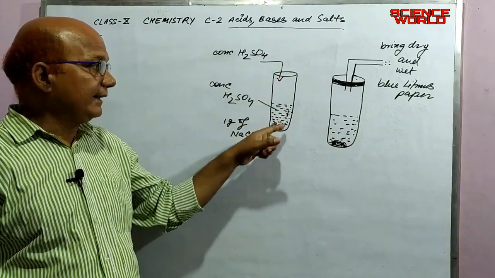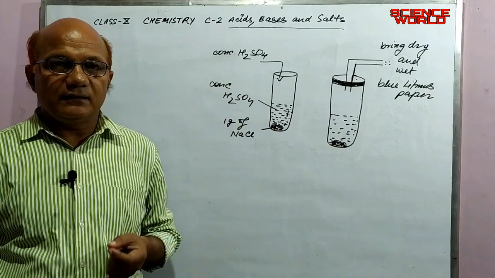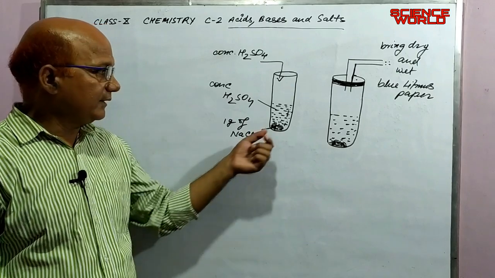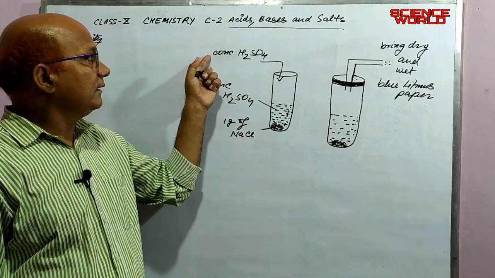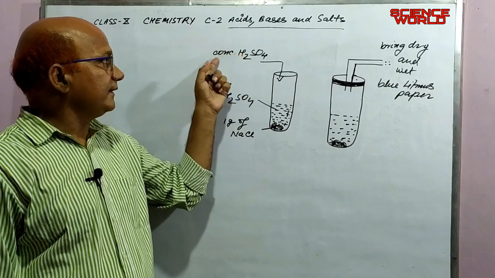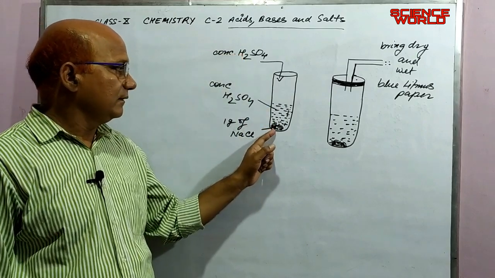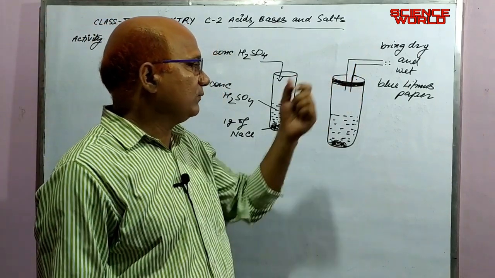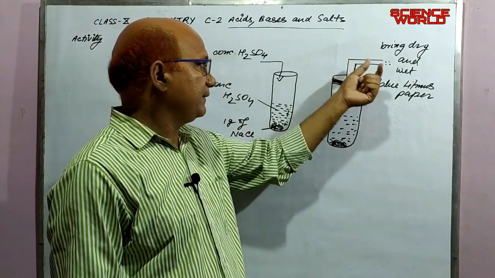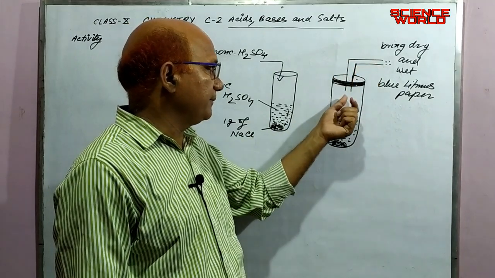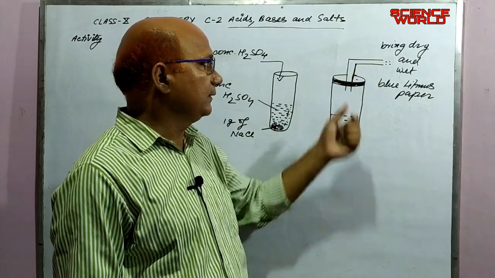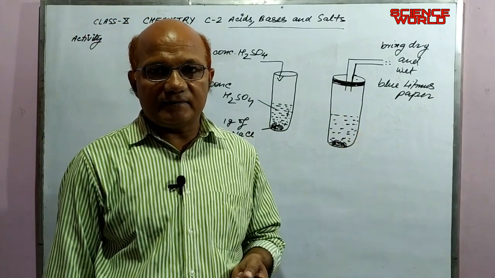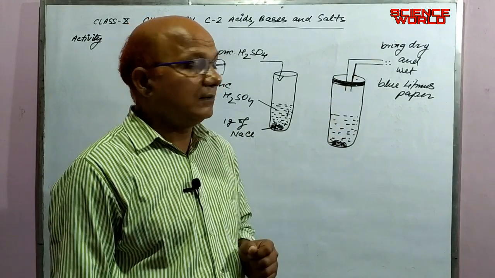So, again I repeat the whole activity. Take a dry and clean test tube and then take 1 gram of sodium chloride salt in the test tube and then add some concentrated sulfuric acid in it, and then at the mouth of the test tube fit a delivery pipe with the help of a cork and then see whether any gas is coming out of the delivery pipe.